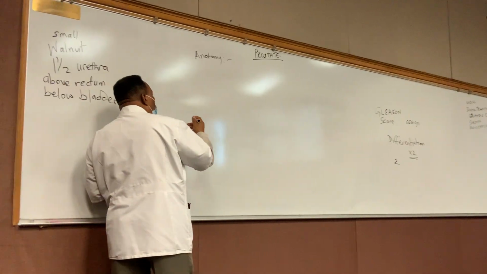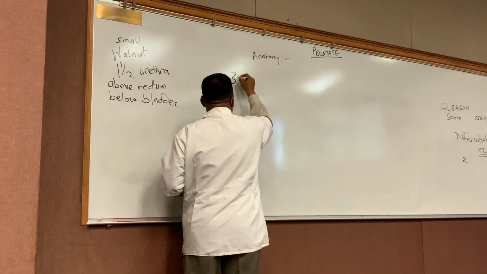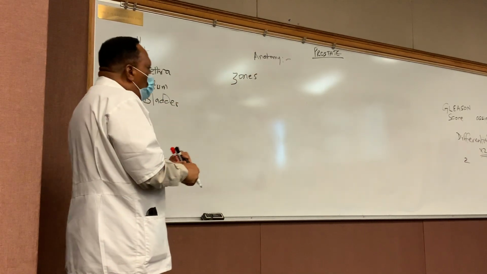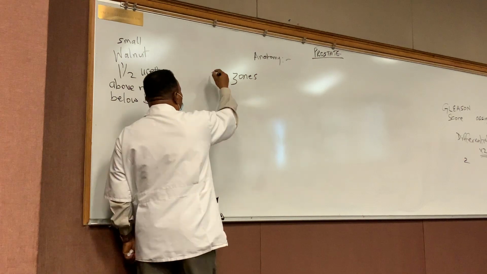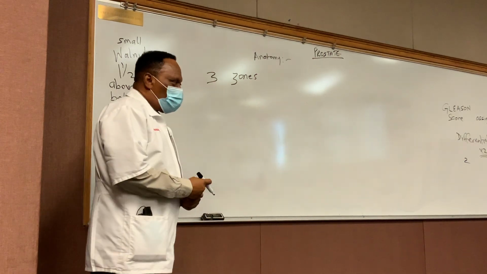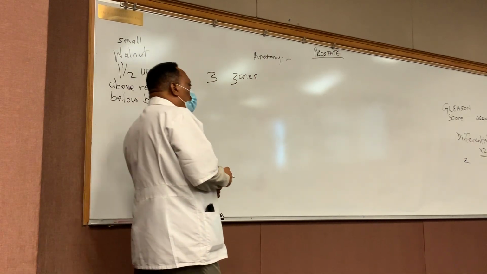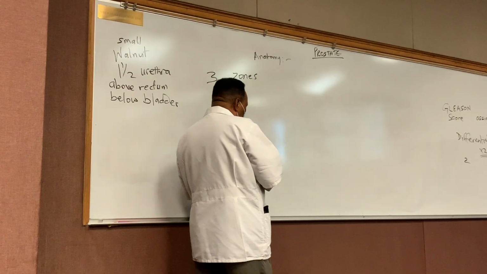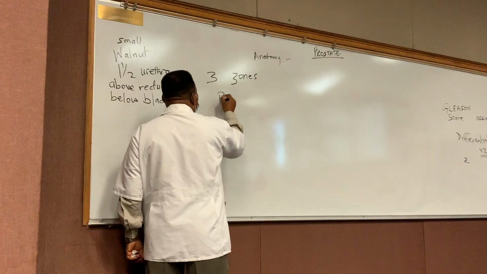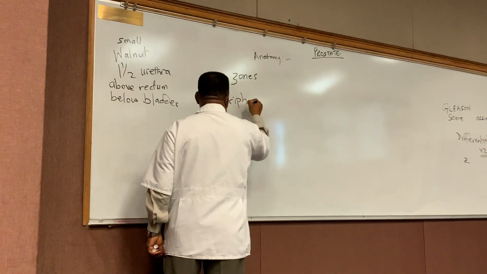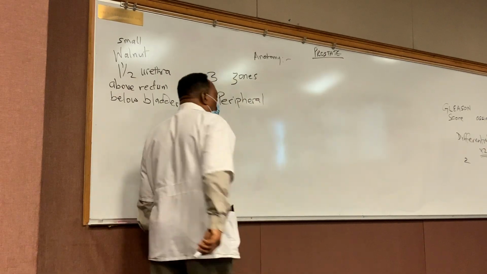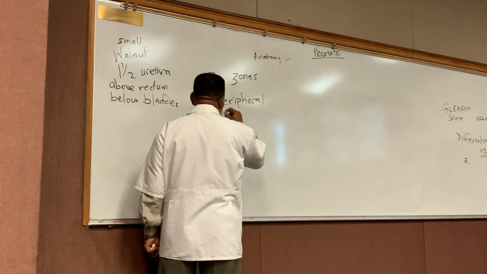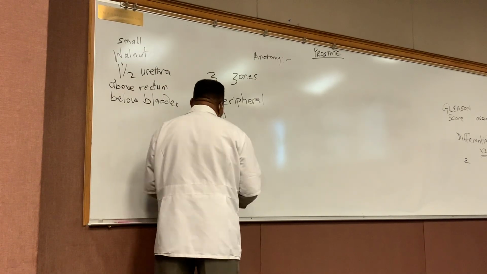Now, the prostate also has zones, and there are three zones. One is the peripheral zone, and then one is the central zone.